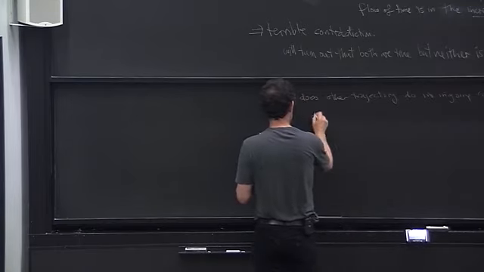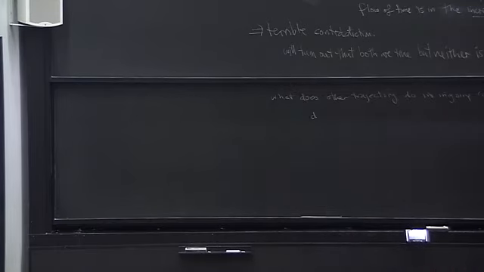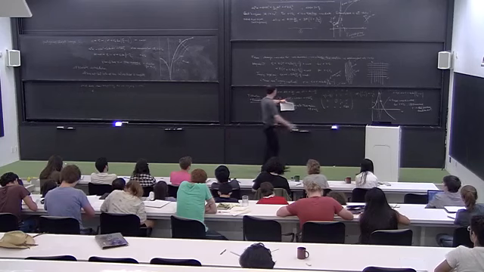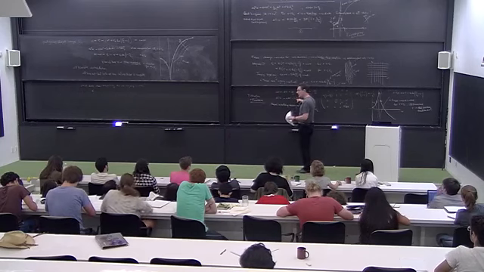If we just look at the metric in the ingoing coordinates, we studied dv equals 0.